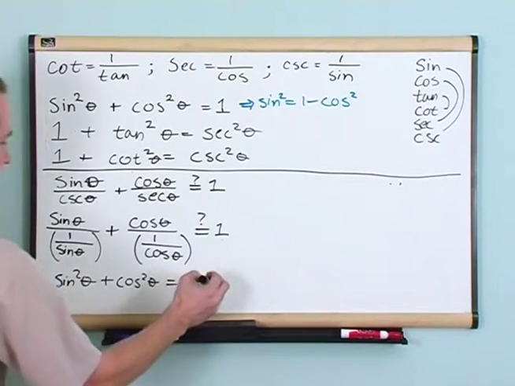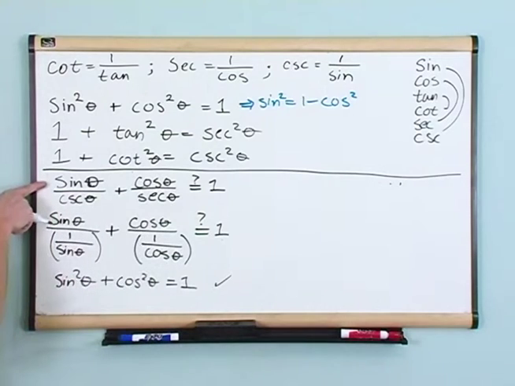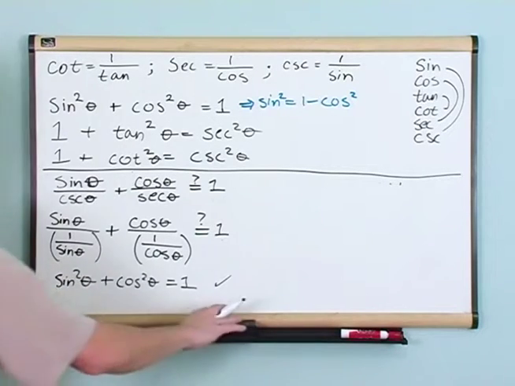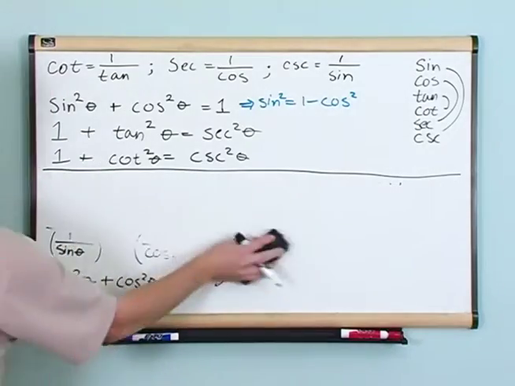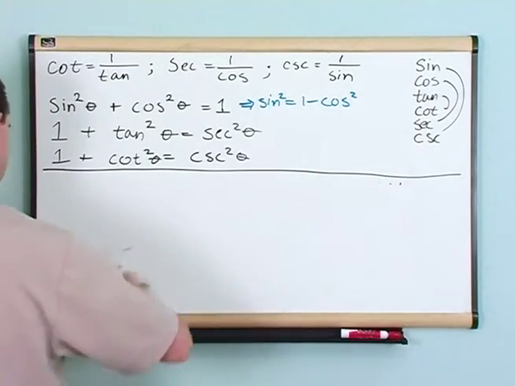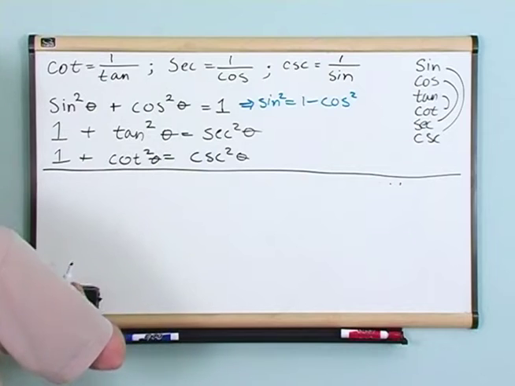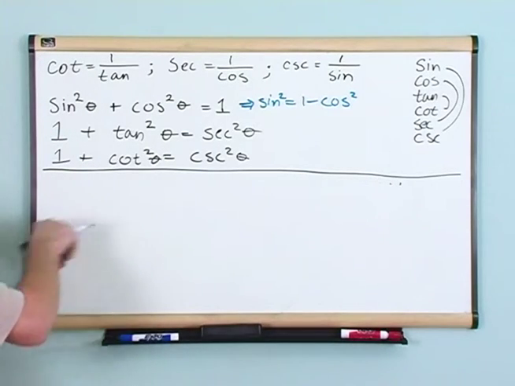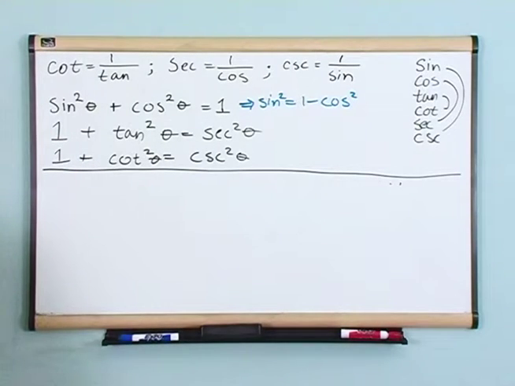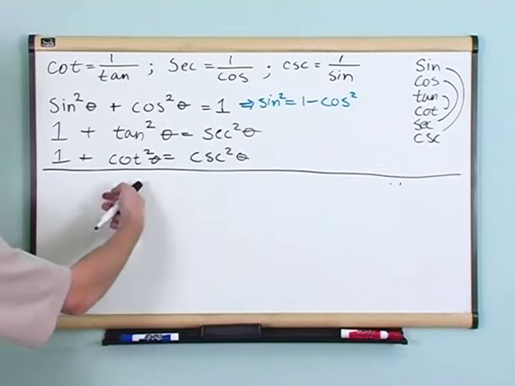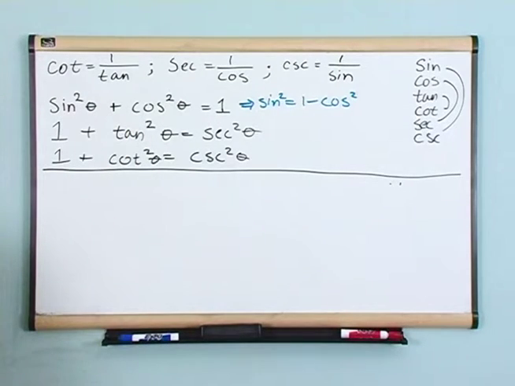Now you can stop exactly right here, because you started at this point, you ended at this point, and what you've arrived at is something that you know to be true. So you know that this identity is true. Either you need to end up with things on each side of the equal sign to be true, or you need to end up proving that you've ended up back at one of these identities.